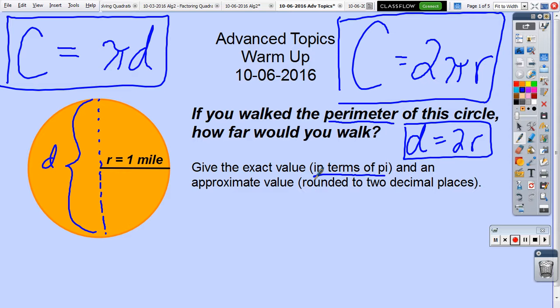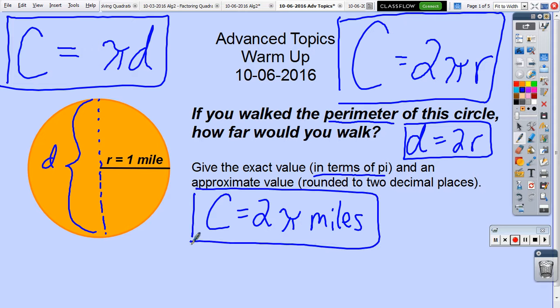You use this formula right here. 2R pi. Again, I do not want to convert pi to 3.14 or anything like that. It's 2 pi. Good. If R is 1 mile, the circumference is 2 pi miles. And this is the only way to possibly express the exact circumference of the circle.